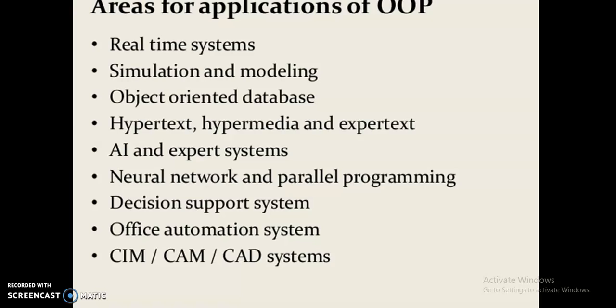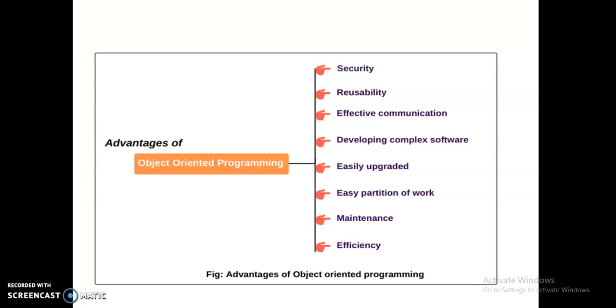Areas of application of OOP: real-time systems, simulation and modeling, object-oriented databases, hypertext, hypermedia and expert text, AI, artificial intelligence and expert systems, neural networks and parallel programming, decision support systems called DSS, office automation systems, and CAD, CAM systems.